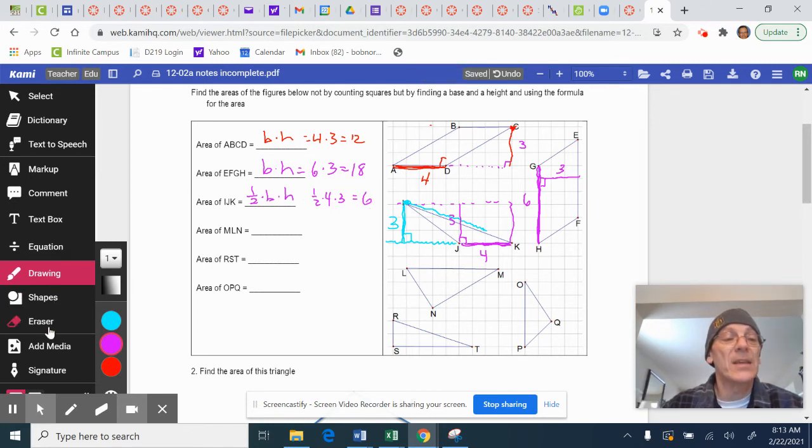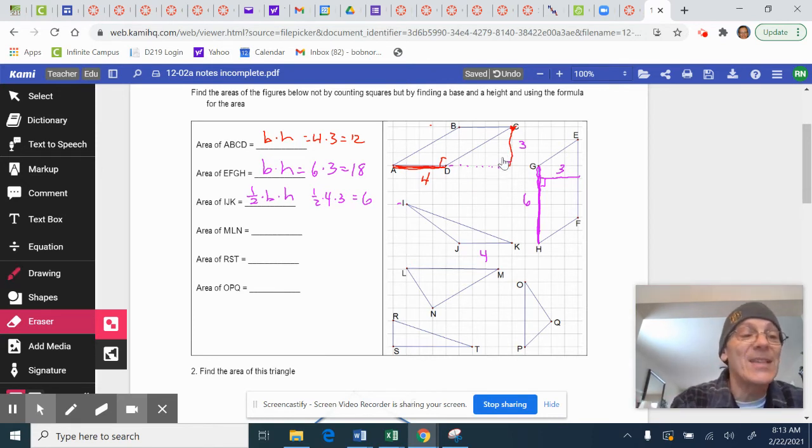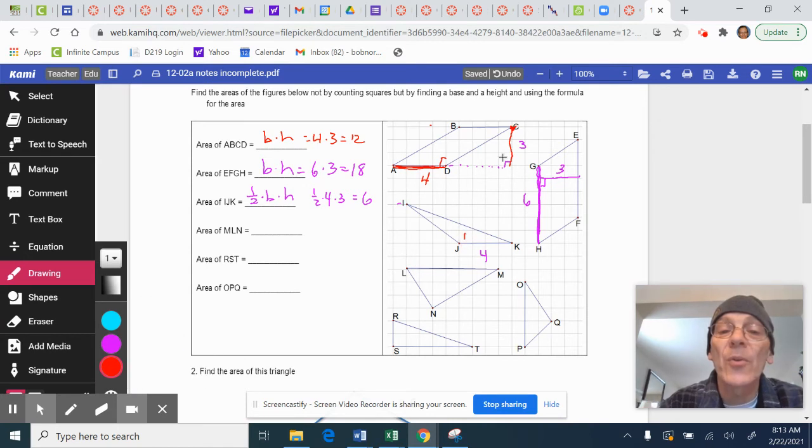Okay? Now I'd like to take a second and just verify with a little bit of counting that there do in fact seem to be 6 square units or something close to 6 squares inside that triangle, right? So here's 1 whole square right here, okay? Now, that right there is almost a whole square. It's missing a little piece there. Oh, but let's grab that little extra piece right there. And so there's a second whole square, okay?